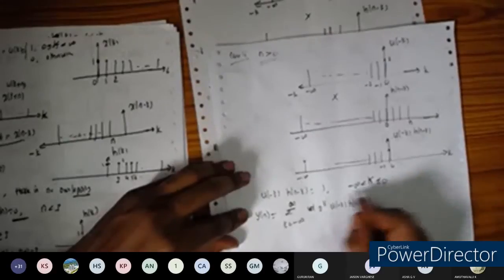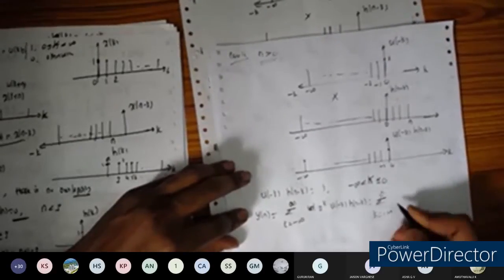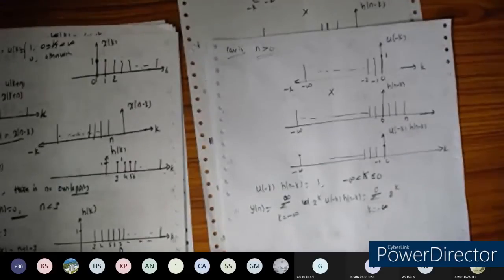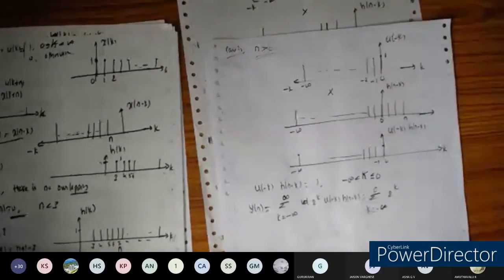I change the limits accordingly: summation k equal to minus infinity up to 0 of 2 to the power of k. Now you change the limits, k to minus k. By the time I log out and log in back, you tell me the answer you will get here. Do it fast.